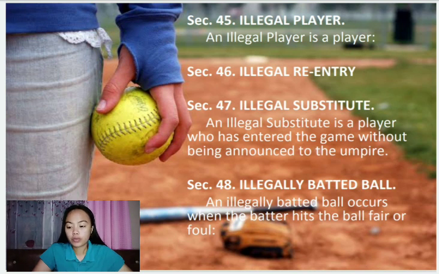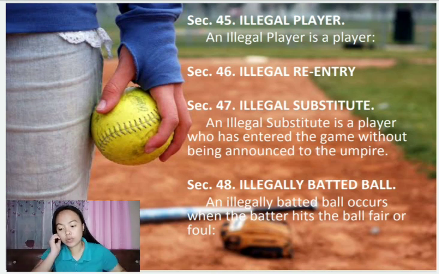And also, while contacting the ball with an illegal, non-approved or altered bat. And lastly, after he stepped with his foot entirely out of the batter's box and then returns and makes contact with the ball while within the batter's box.